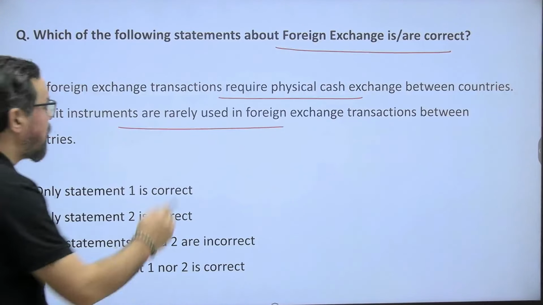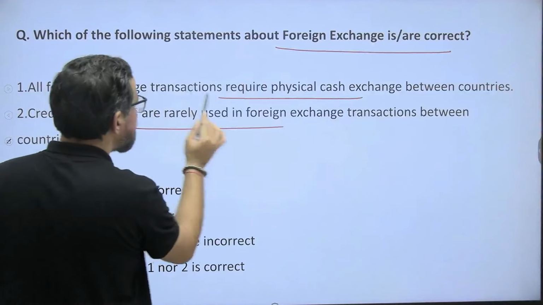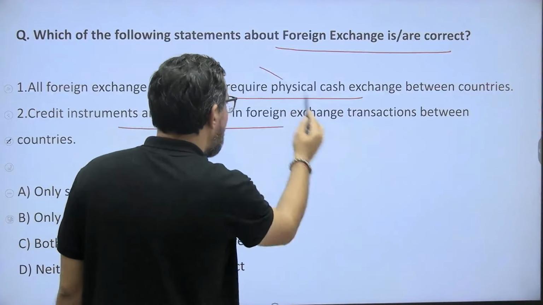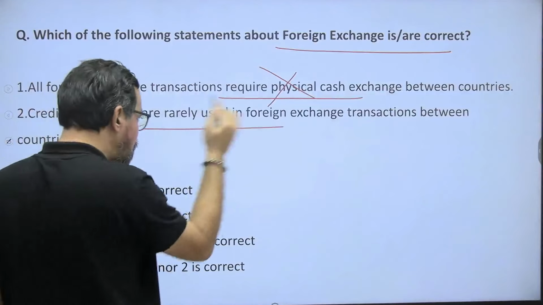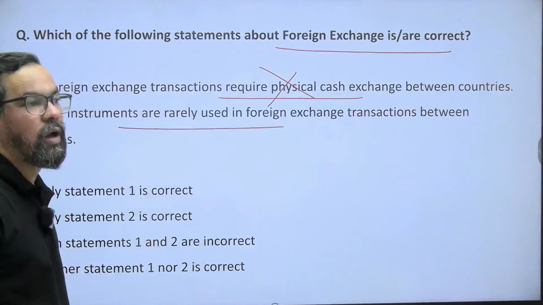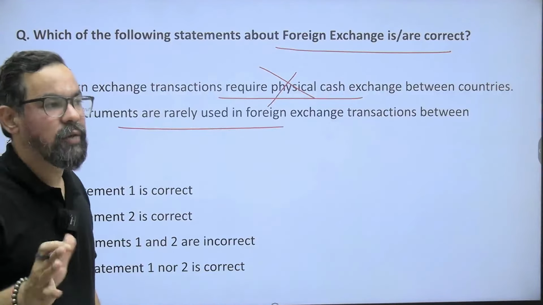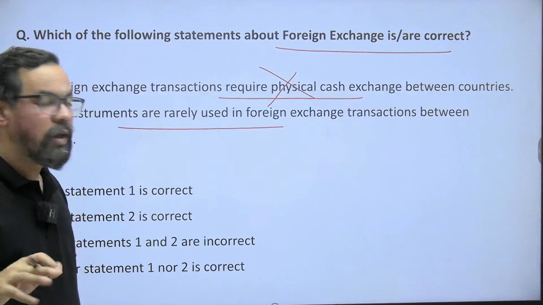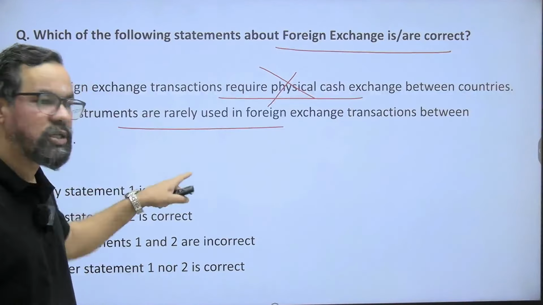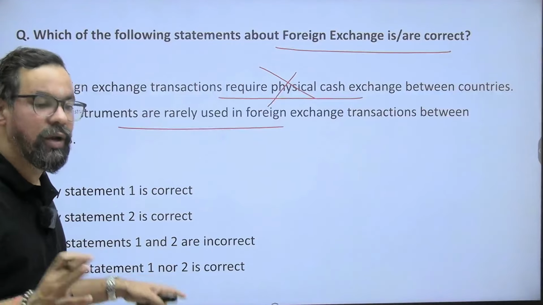First of all, nowadays it is mentioned all foreign exchange transactions require physical cash. No, it can be physical or online also. Credit instruments are used, like we have currency swaps and others, or foreign currency swap, or other instruments which we generally use under swap agreements, interest rate swap and others.